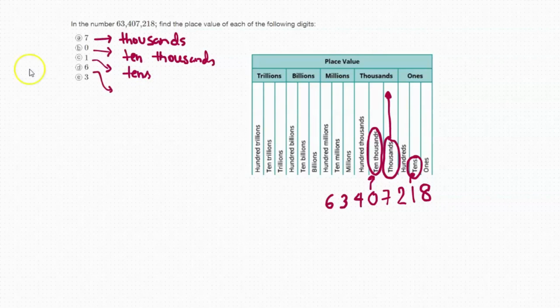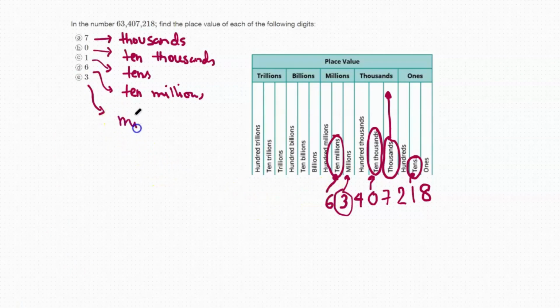Now let's look at 6 over here. 6 lies over here, which is the 10 millions place. So that's 10 millions. Our last digit is 3, and 3 lies over here, which is in the millions place.